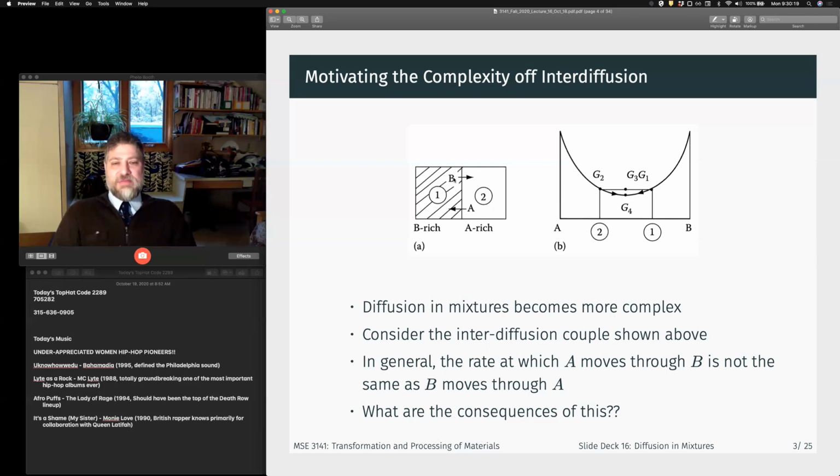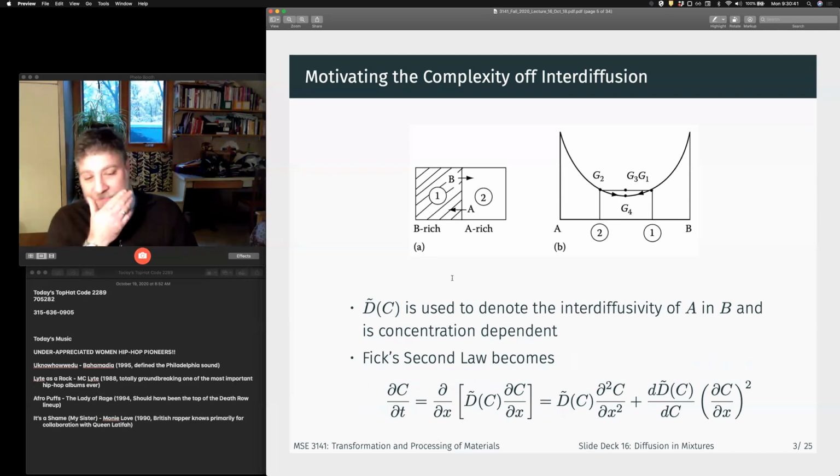And if I have a mismatch in atoms, it means I also have a mismatch in vacancies. So I have a net amount of vacancies going from 1 to 2. Which is kind of an unusual situation, right? So let's look at the first part of this, right?